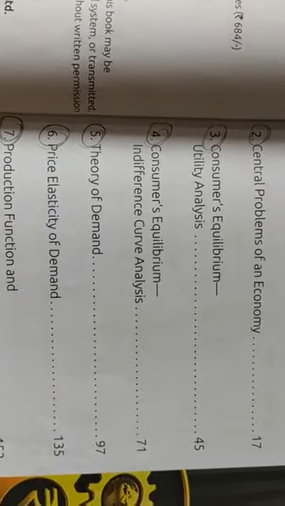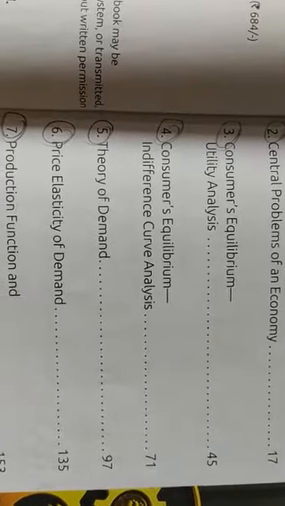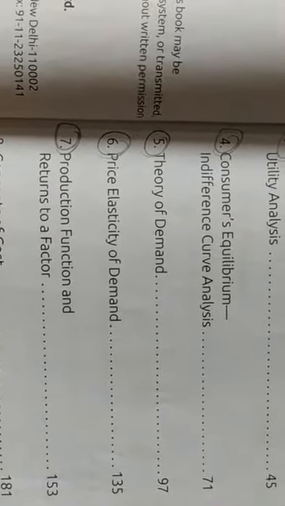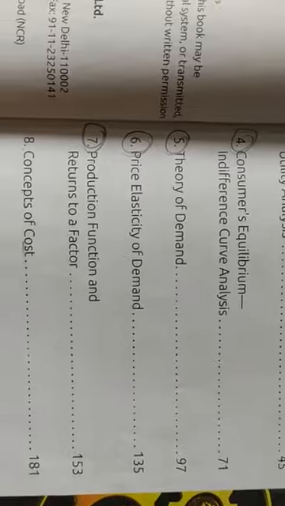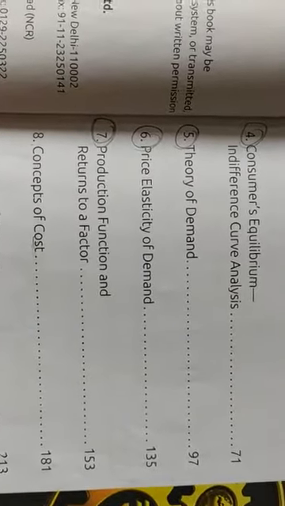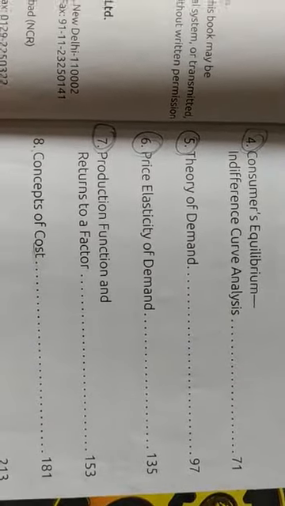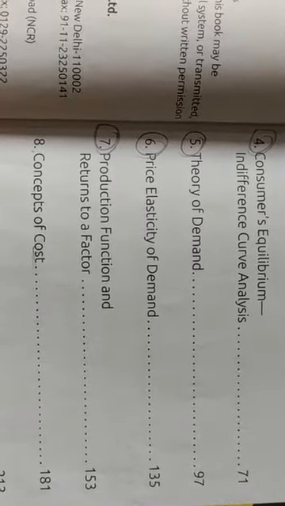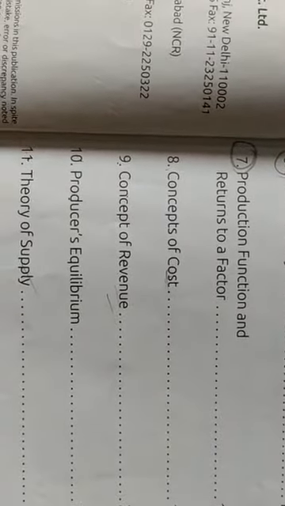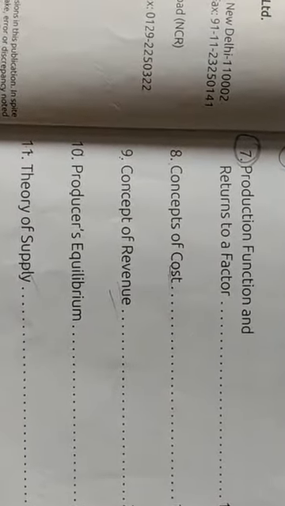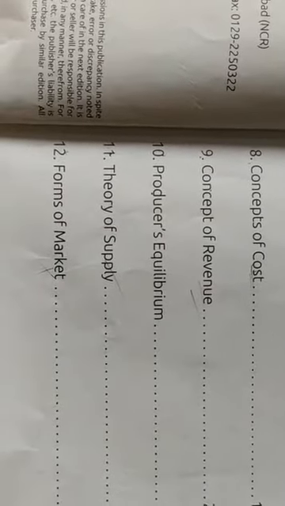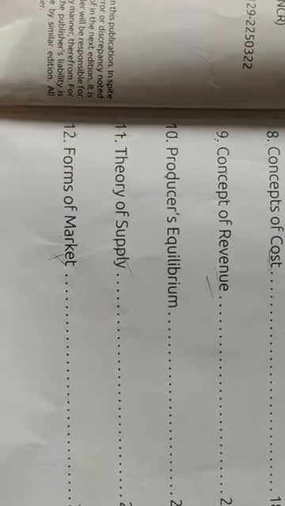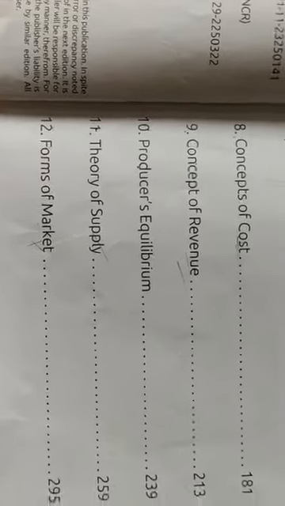Then consumer's equilibrium utility analysis, consumer's equilibrium indifference curve analysis, theory of demand, price elasticity of demand, production function and returns to a factor, concept of cost, concept of revenue, producer's equilibrium, theory of supply, forms of market, and lastly, market equilibrium under perfect competition.